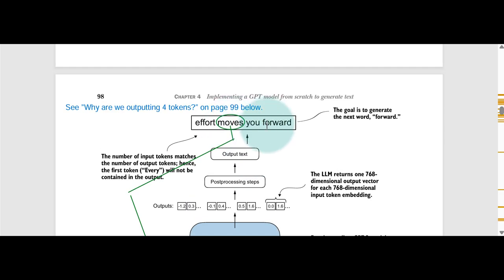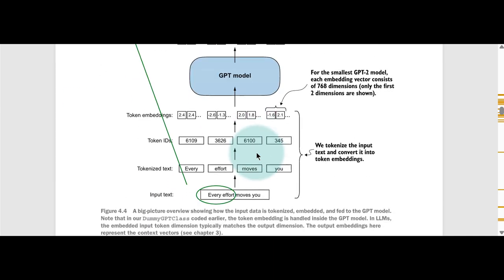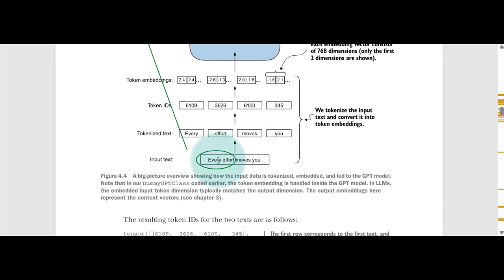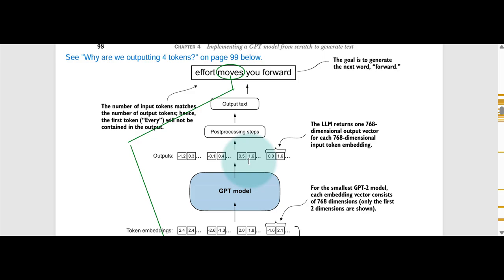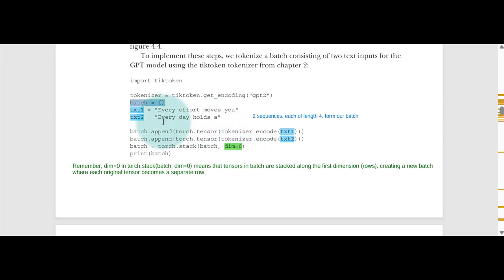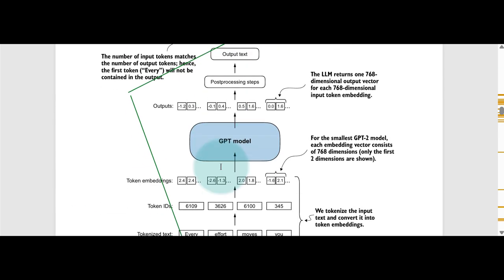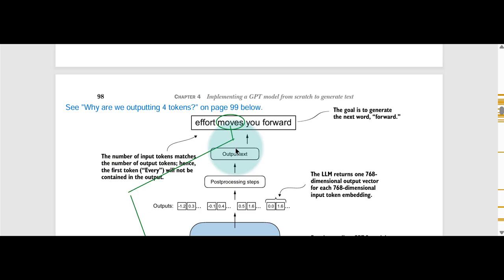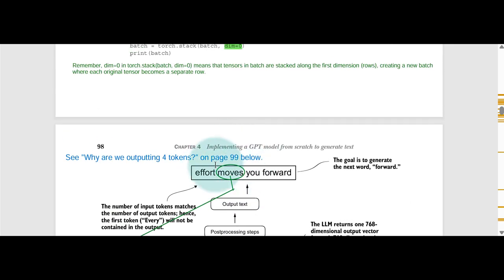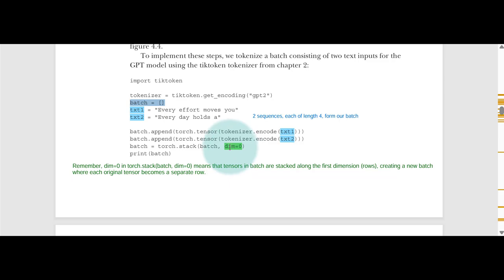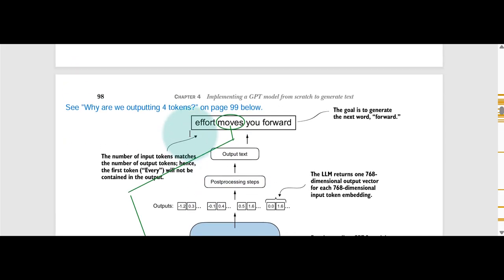But remember we said we're actually going to put in a batch of 2 sequences. So we're going to have every effort moves you, and the other text, every day whole day. So we have these together as a batch, and we should get out one result for this, and in our output batch another result for this one.